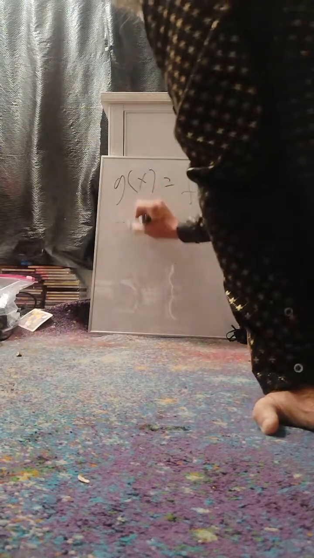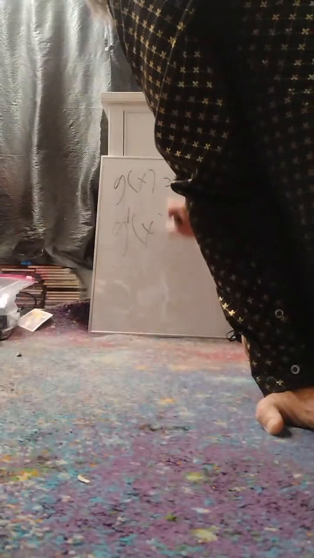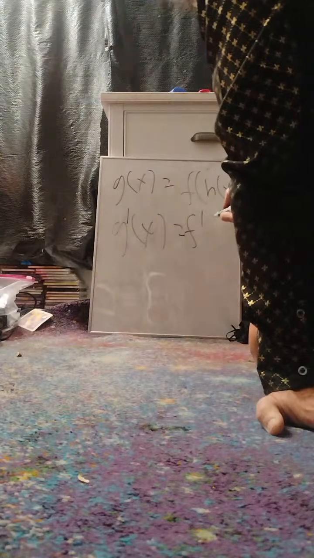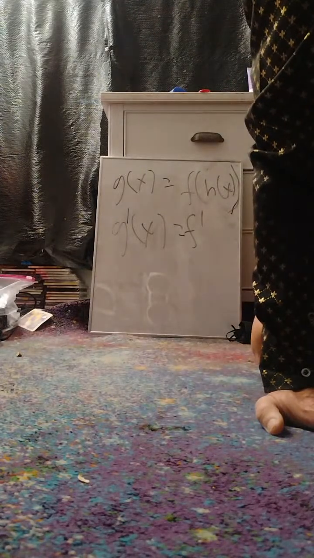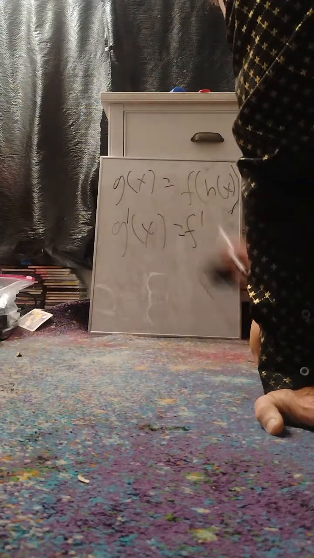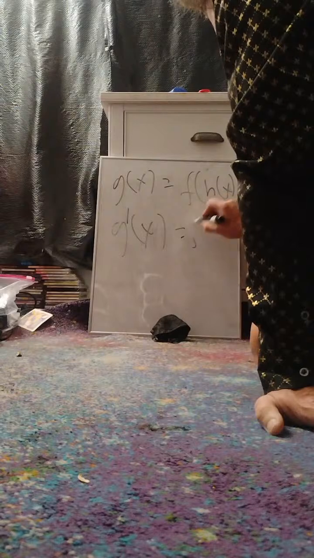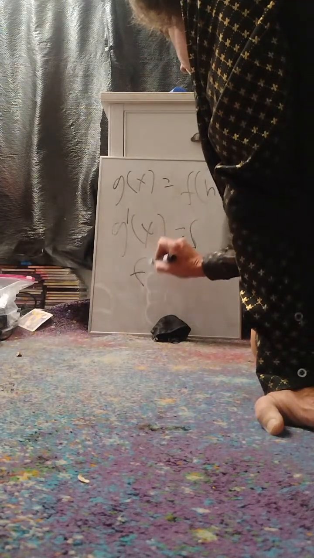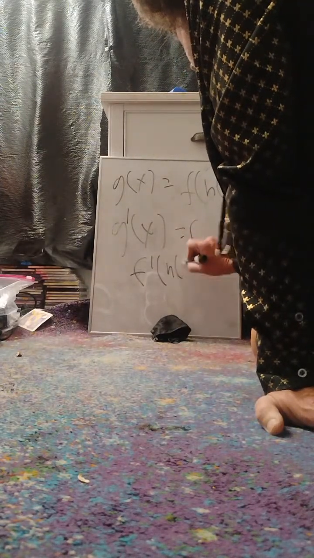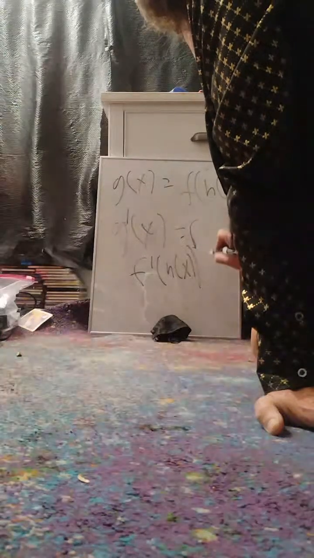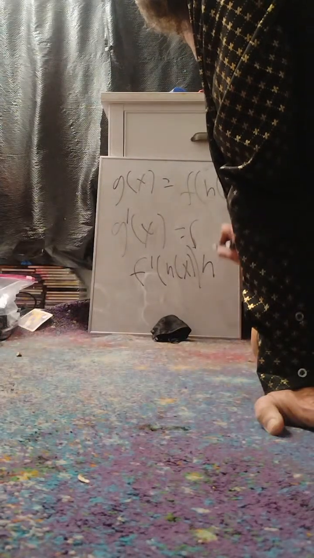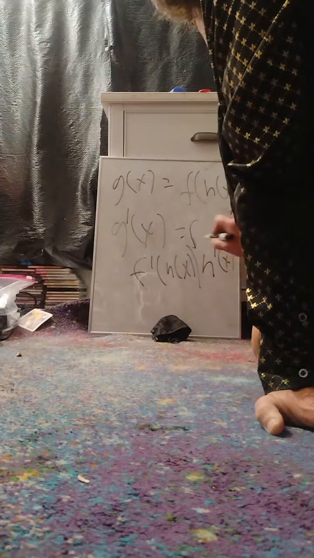The derivative of g of x equals the derivative of f of h of x times the derivative of h of x.